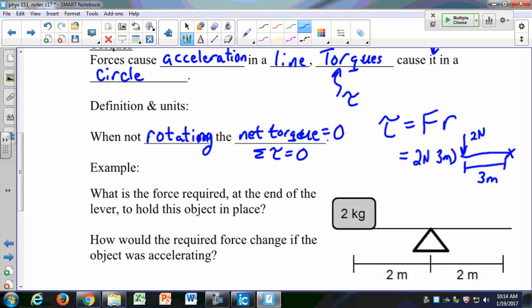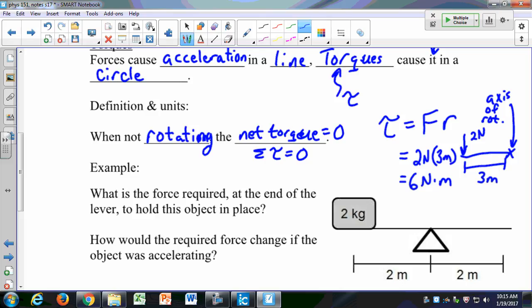That's the distance from where the force is applied to the axis of rotation. This is the axis of rotation. And so that's going to be 6 newton meters. My torque is 6 newton meters. We'll see actually the torque can change a little bit, and I'll give you a different expression for torque next time. But for now, let's just stick with this.